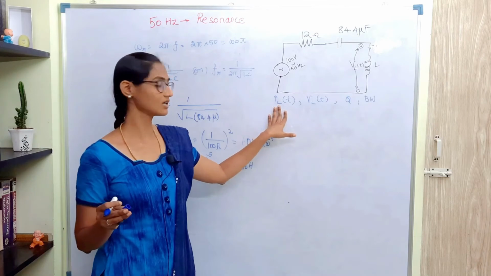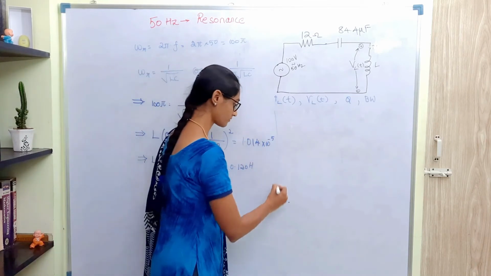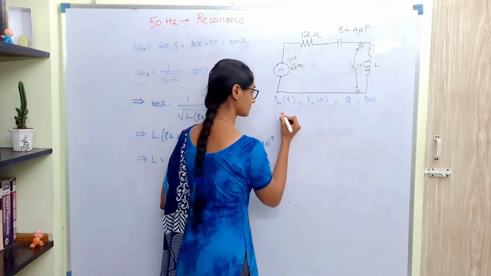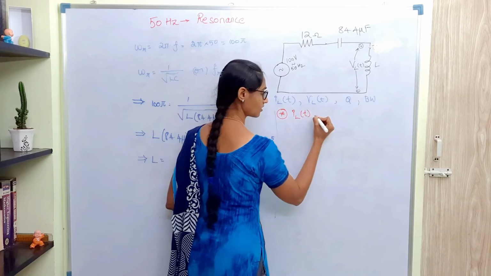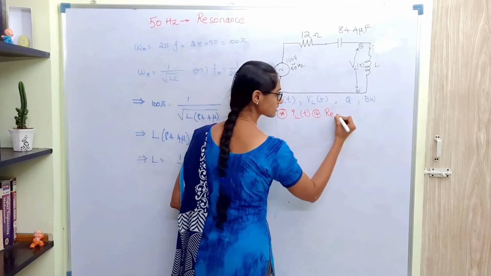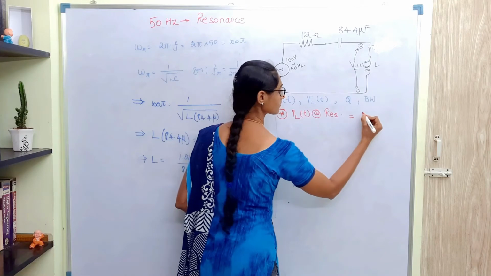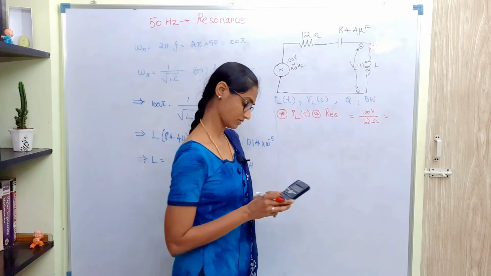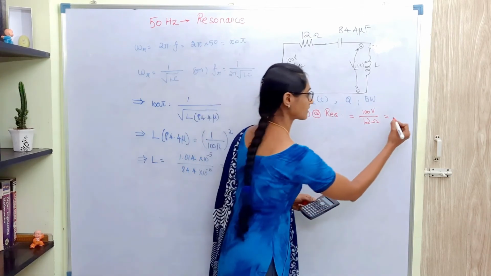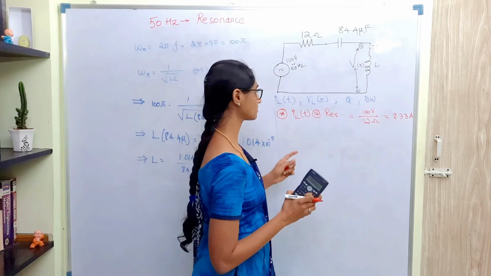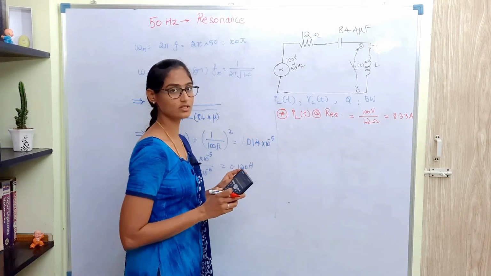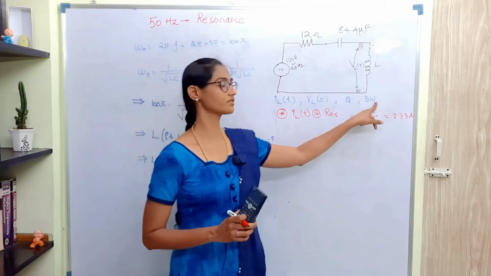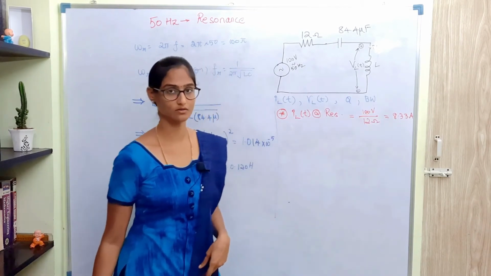So IL of t at resonance will be 100 volt divided by 12 ohm, which is 8.33. So the current that is passing through the circuit at resonance is 8.33 ampere. This is the maximum current. We have to find out the upper and lower cutoff frequencies in order to find out the bandwidth.